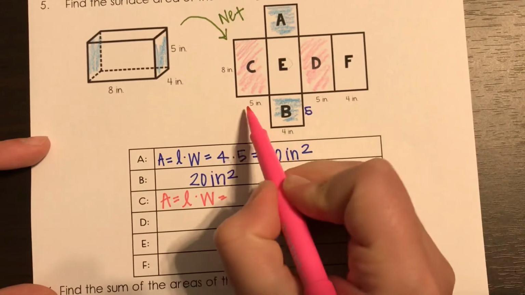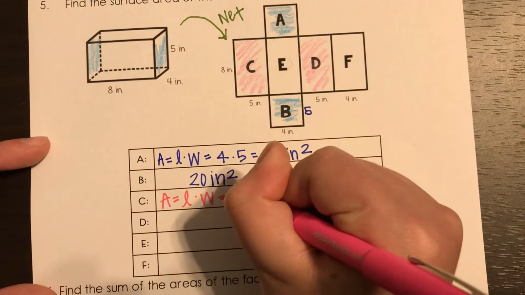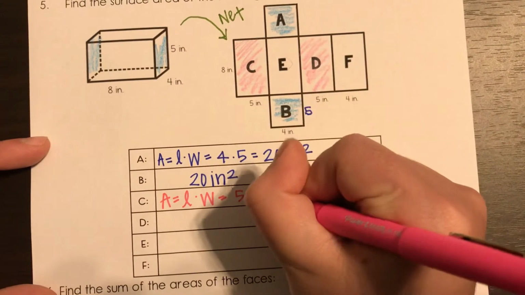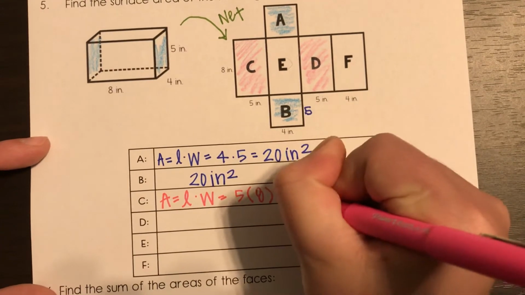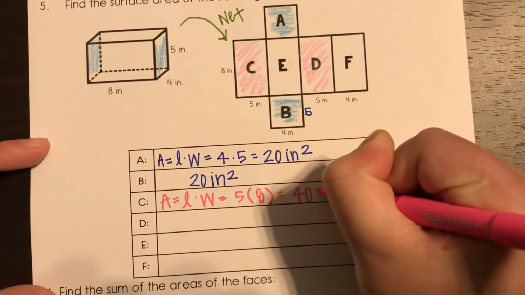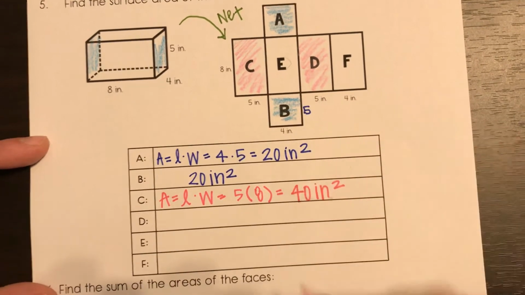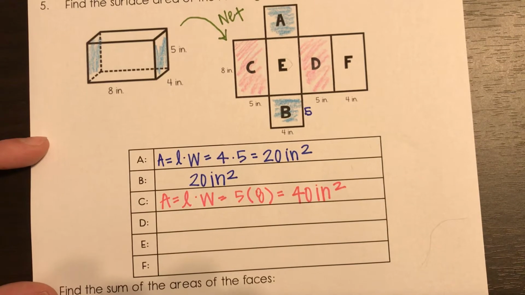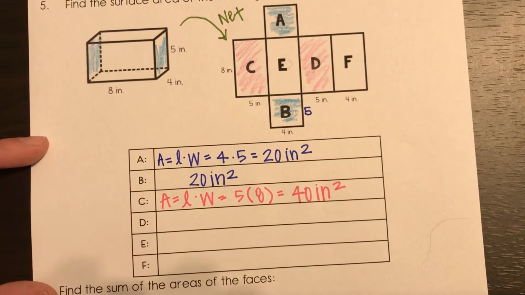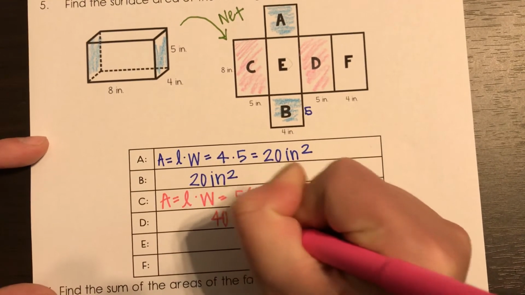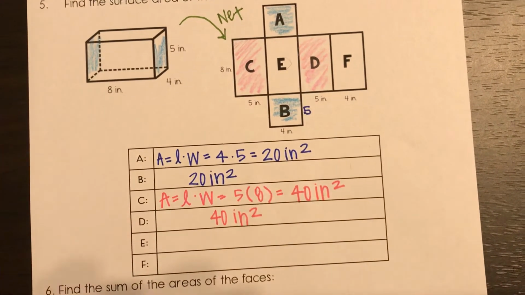Alright, so we have a length of 5 and then a width of 8. So when we do 8 times 5, we end up getting 40 inches squared. Like I said, once again, C and D are actually equal to each other because they're the same rectangle. So we don't have to show that math again. We can just go ahead and put 40 inches squared.